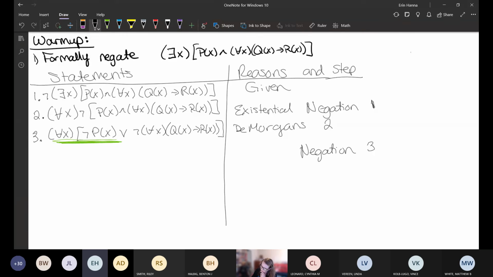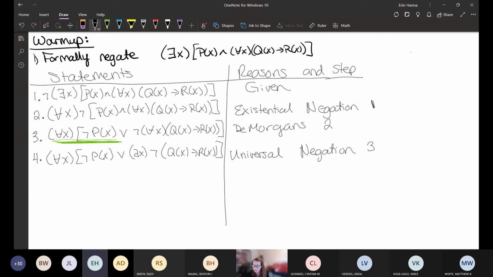And since it's a for all, that's going to be a universal negation. So we bring the negation inside and switch the quantifier.